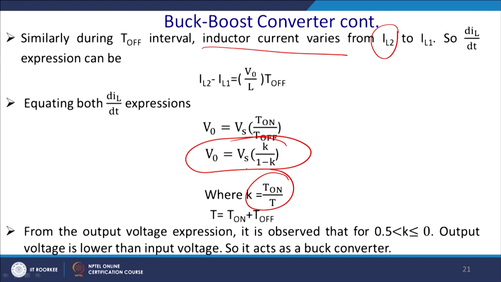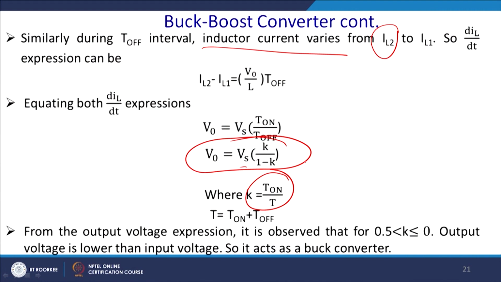So, V0 equal to Vs K by 1 minus K. At duty ratio 0.5, you can find that the output and the input are the same. For duty ratio less than 0.5, it will operate as a buck converter, and for duty ratio above 0.5, it will act as a boost converter.